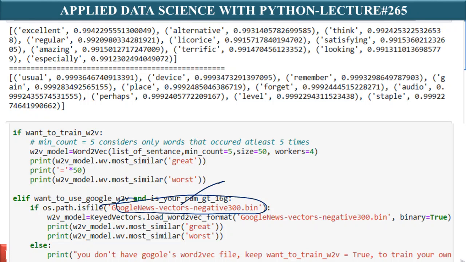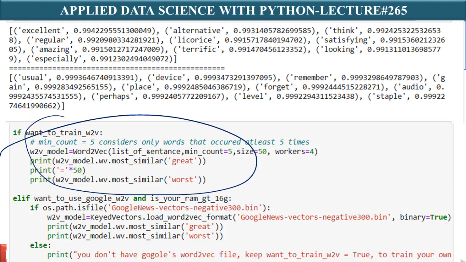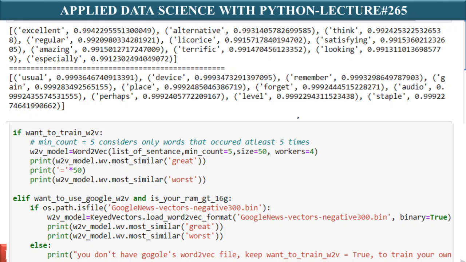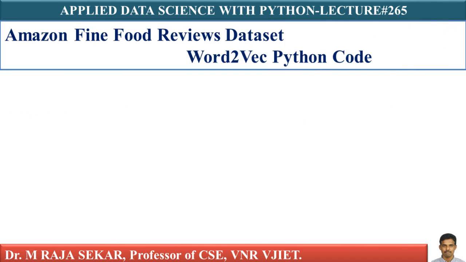This is the Word2vec designed, or trained, by Google, which I already discussed. This one is our own Word2vec, built from our reviews dataset, the Amazon reviews dataset. I will show you these things in my Jupyter Notebook.